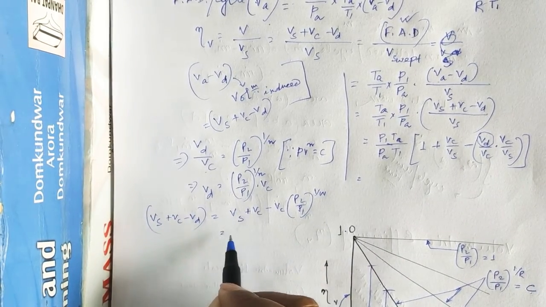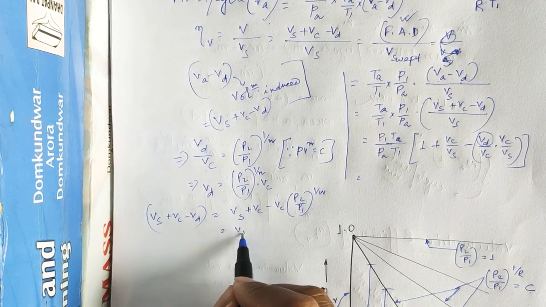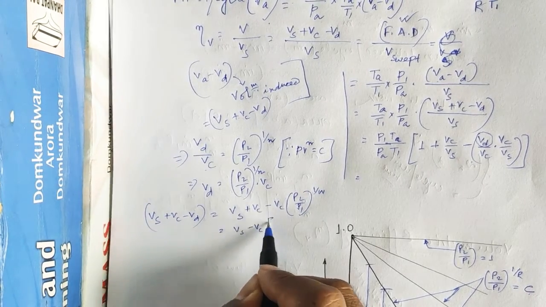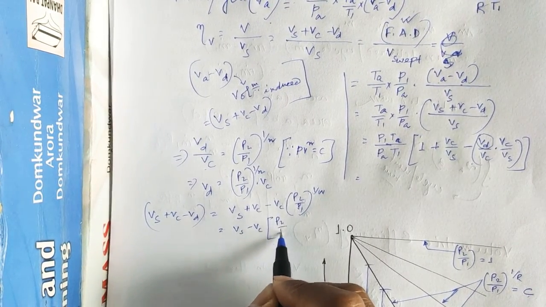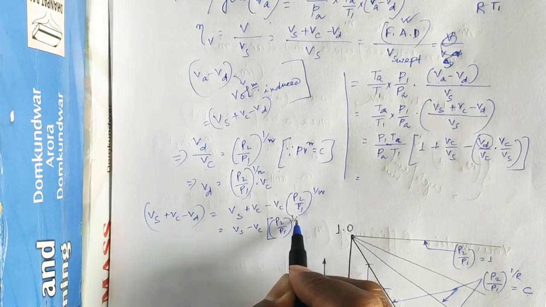If we take Vc as common, then Vs plus Vc into (1 minus (P2 by P1), that is the pressure ratio, to the power 1 by n).